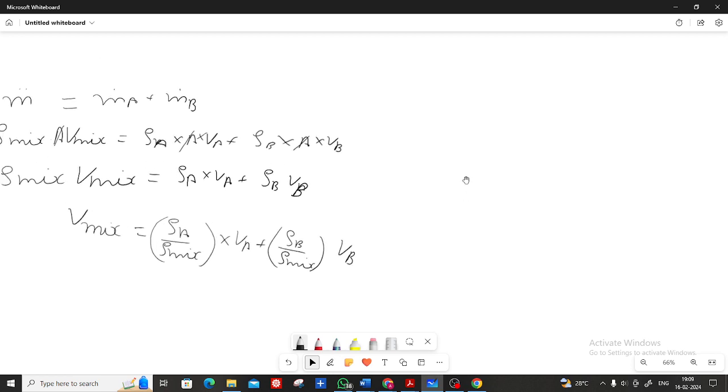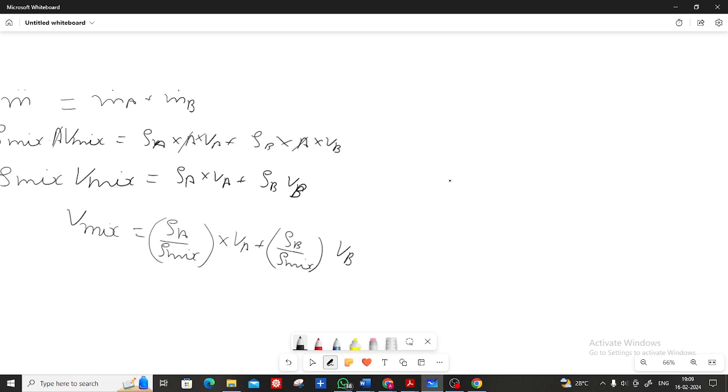What is the density? Can you tell me what is density of A? Density of A is equal to the mass of A upon the total volume of the mixture. And what is density of mixture?